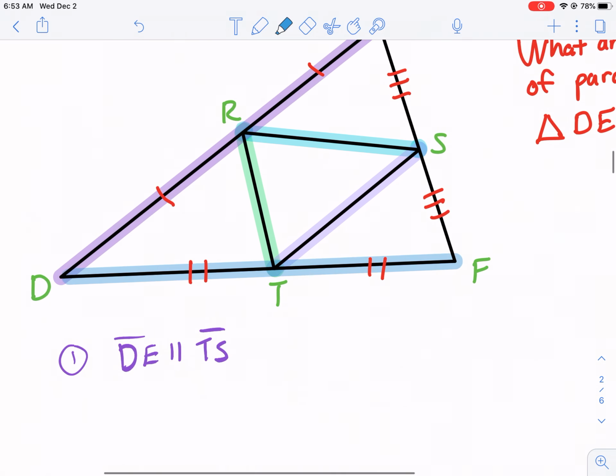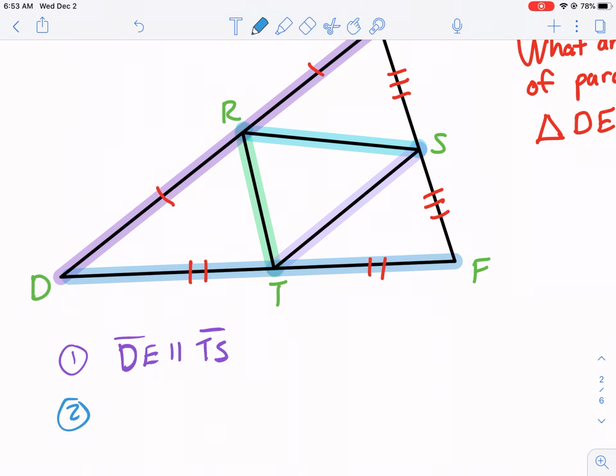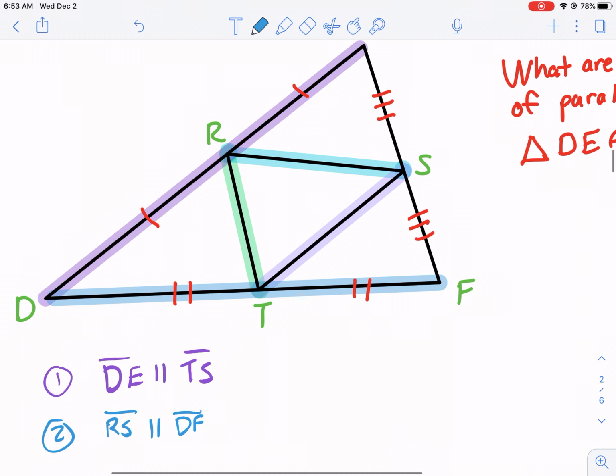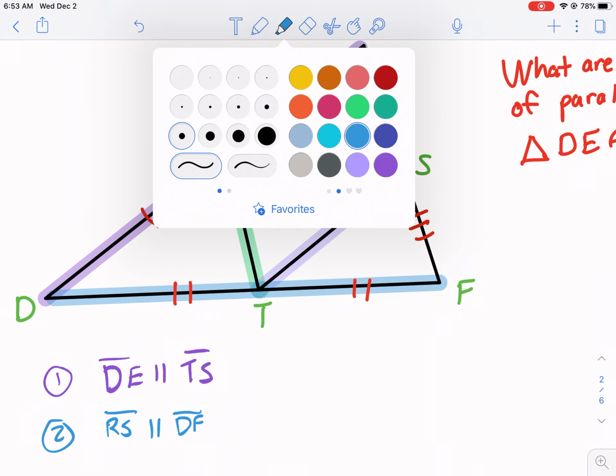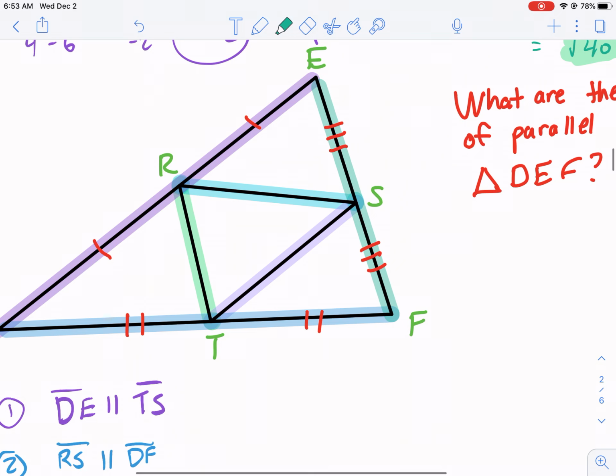Okay, so now we have our second one. RS is parallel to DF. Okay, and we'll move on to our third one, third and final. How do I know it's the final? Because it's a triangle. There are only 3 sides. Can you believe it? So it's the last choice available.